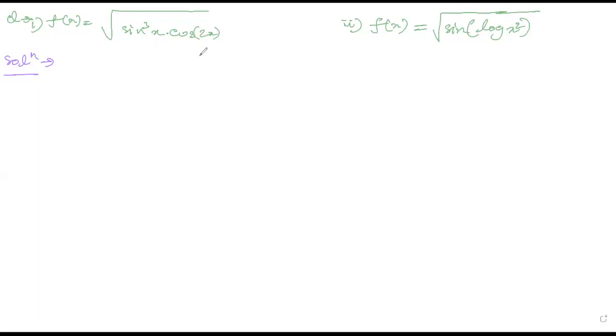Has anybody solved it? I'll give you 1 minute. Please solve it if you can. Root over sine cube x into cos 2x. We know the rules. If there is a power on the whole expression, then we deal with the power first. Then it's a root, and we already know the shortcut for root: 1 by 2 root, with the same quantity inside.